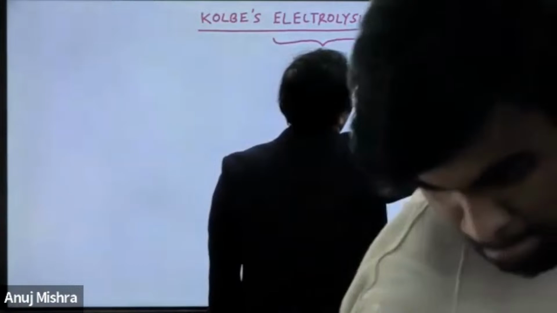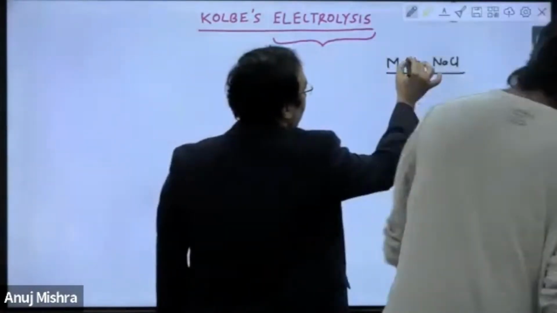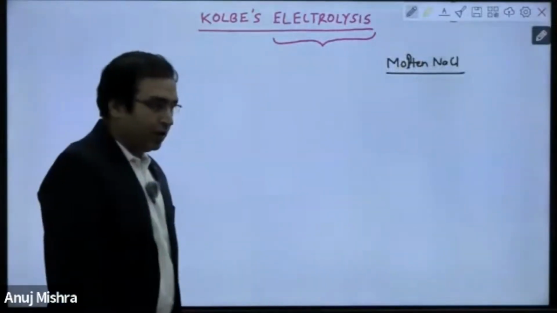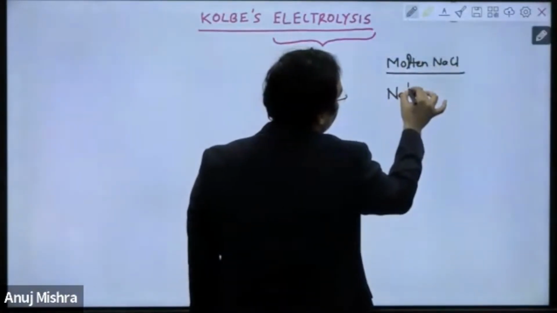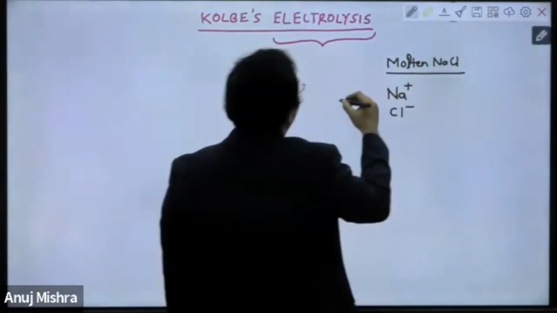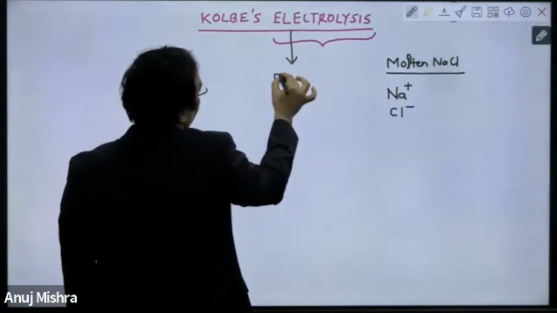Have you heard of this term? Molten NaCl, right? So this consists of Na+ and Cl− ions. But before that, let me just write the definition of electrolysis.